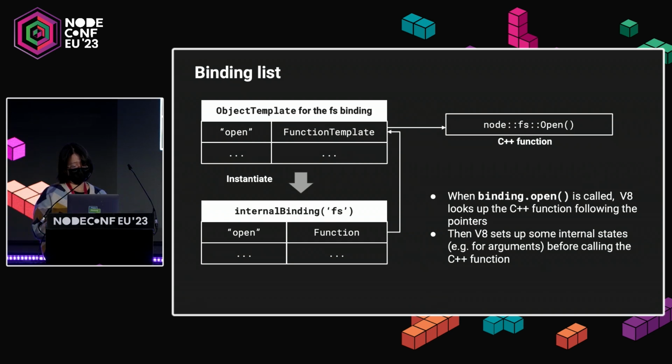And when we instantiate an actual object from this template, when an internal binding is called with any of the functions of this binding object, for example, open, gets called in the JavaScript land, V8 looks up the C++ function following the pointers here. It sets up some internal states, for example, putting the arguments together into a C++ structure, and then it will just invoke the C++ function.